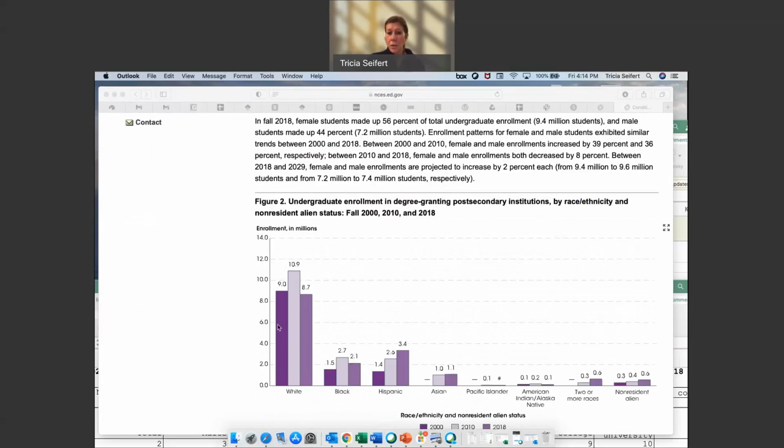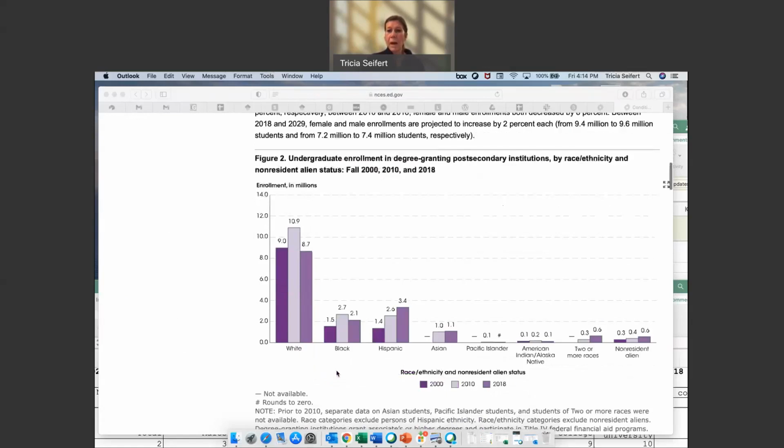This shift is not replicated by all races and ethnicities, right? We see that bump in 2010 among Black high school graduates pursuing some level of post-secondary education, but trailing off to being lower in 2018 than in 2000.